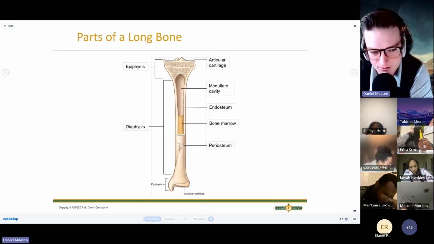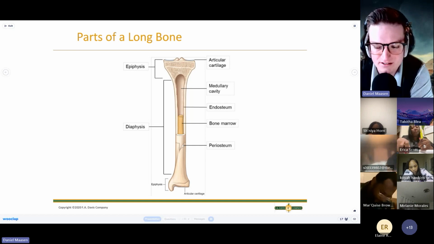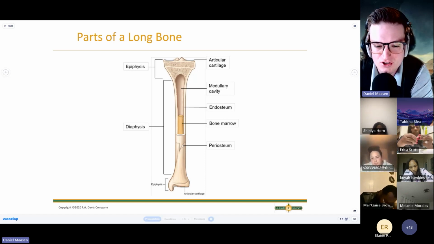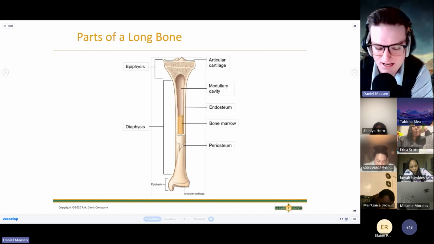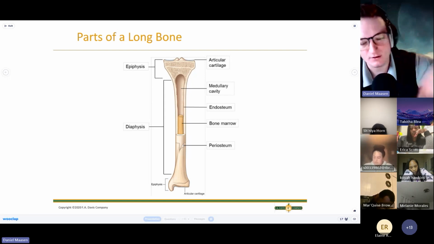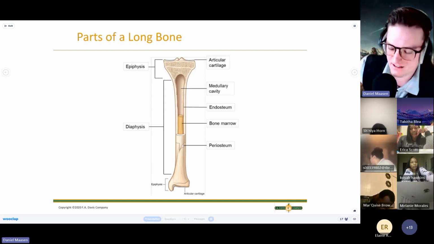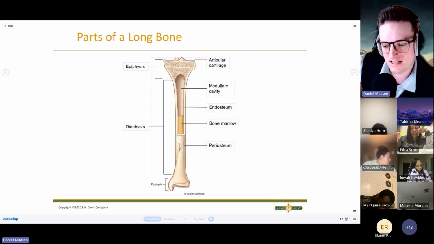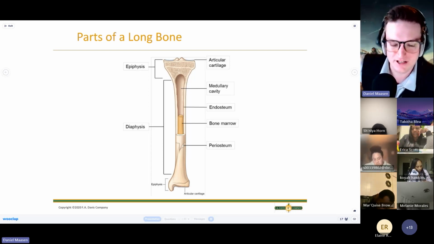I am not too familiar with the process, Elaine, so I don't want to speak on it too much as far as what they're going for. Generally, from my understanding, once the bone marrow is transplanted, a lot of times it reinvigorates, because this yellow bone marrow is mostly a combination of fat tissue.